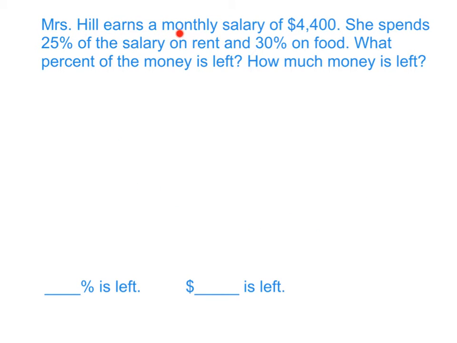Mrs. Hill earns a monthly salary of $4,400. She spends 25% of the salary on rent, 30% on food. What percent of the money is left? Then how much money is left? Let's start with percent. This $4,400 is all of her money. So that would be the 100%.